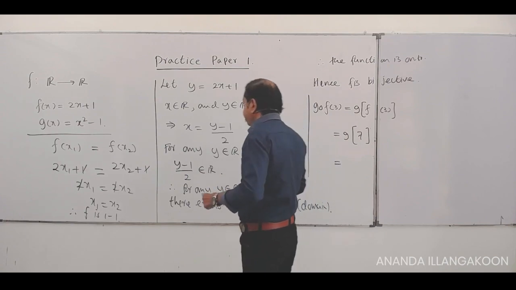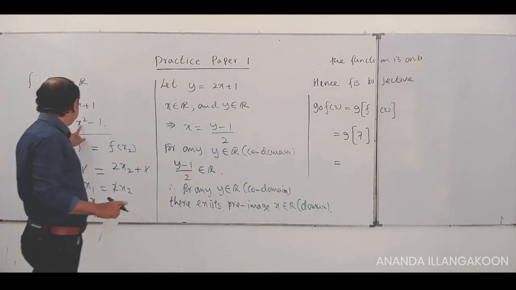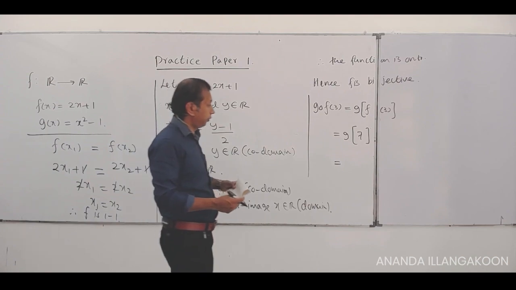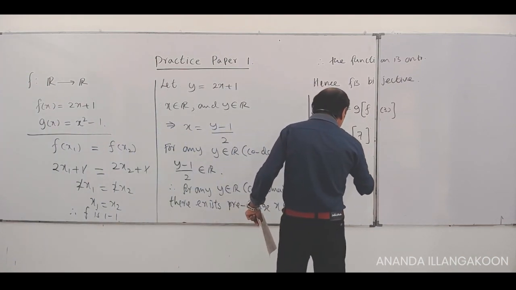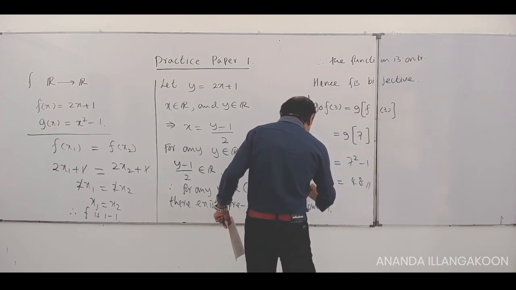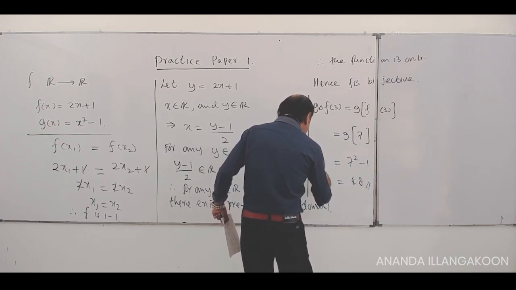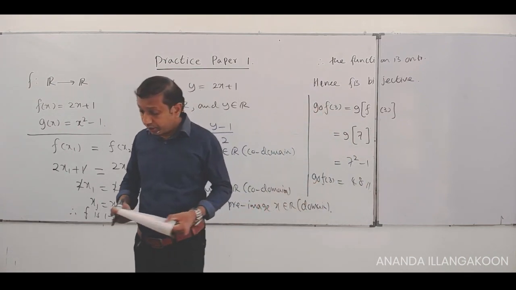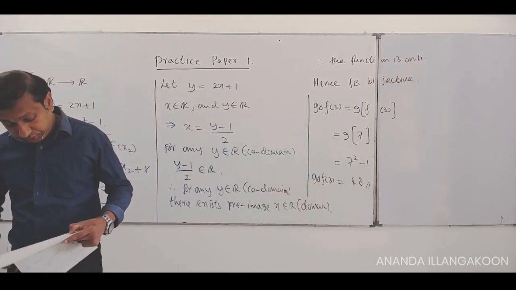Then g(7): put x equals 7 here, we get g(7), 7 squared minus 1. This is 48. Therefore, g o f(3) is 48. That's the first question.